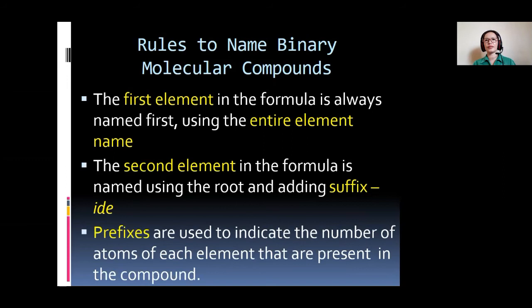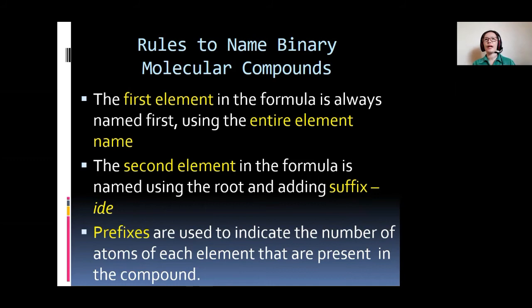Greek prefixes are used to indicate the number of atoms of each element that are present in the compound. So the number that you will see in the compound as a subscript will be represented by Greek prefixes. Take note of this because in ionic, we are not making use of Greek prefixes to denote the subscripts in the chemical formula.